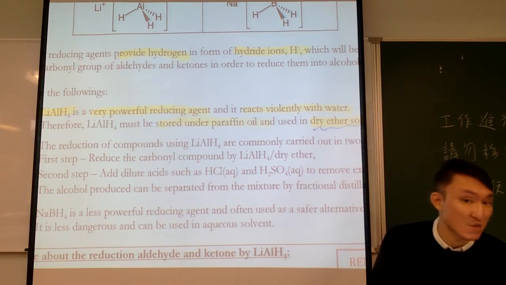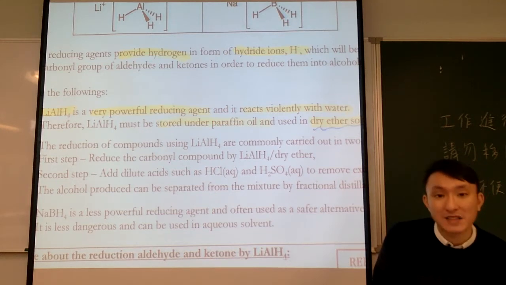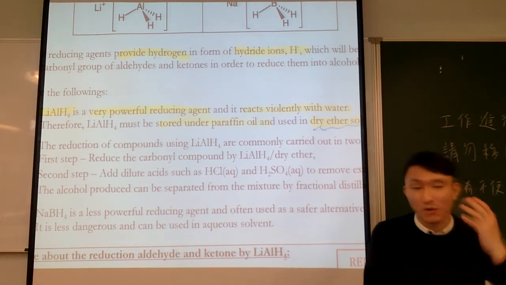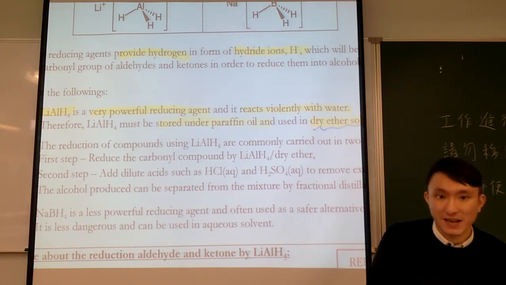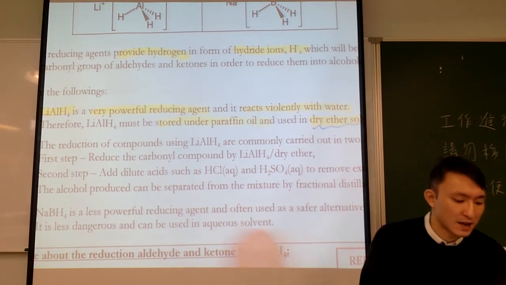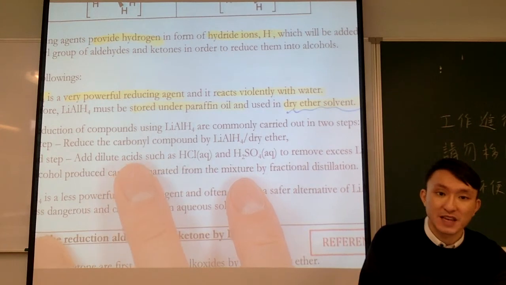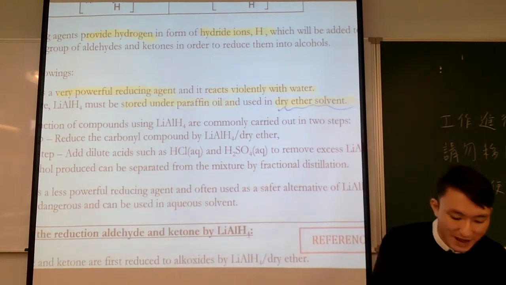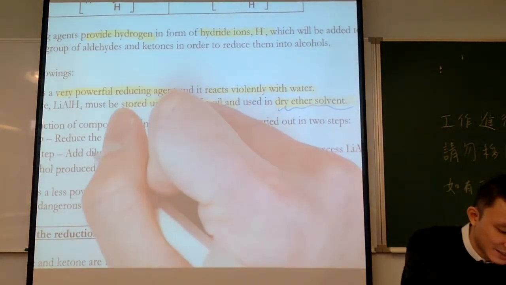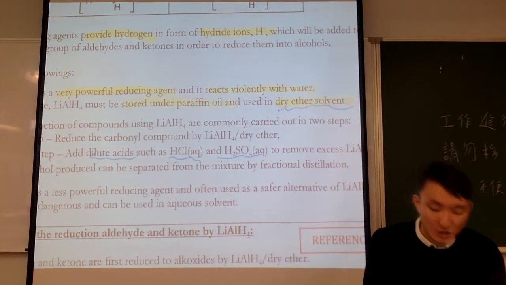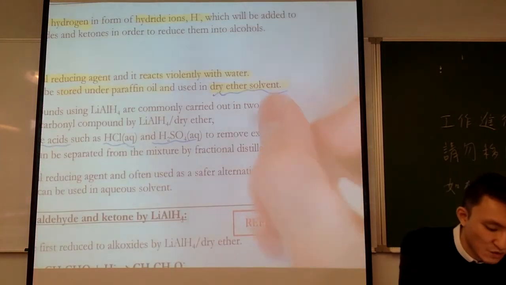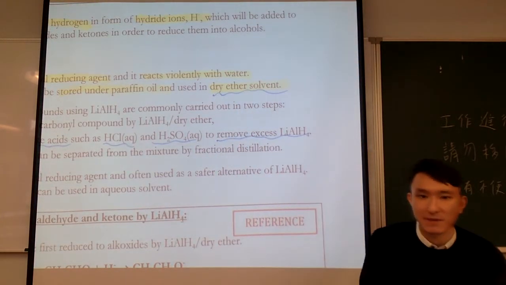We don't want any unreacted lithium aluminum hydride to stay there, or otherwise it may react with moisture in the atmosphere and cause some unexpected, jeopardizing reaction. So that's why we remove the unreacted lithium aluminum hydride by adding dilute acids. One of the usual choices, of course, is HCl or H2SO4.